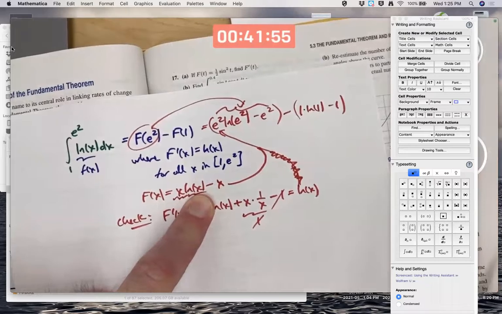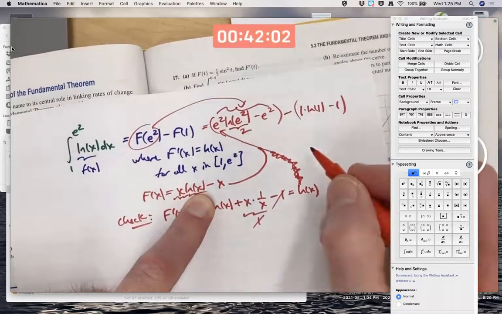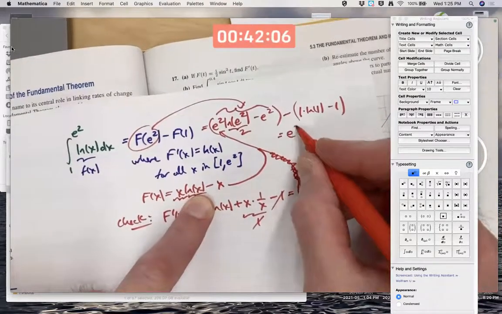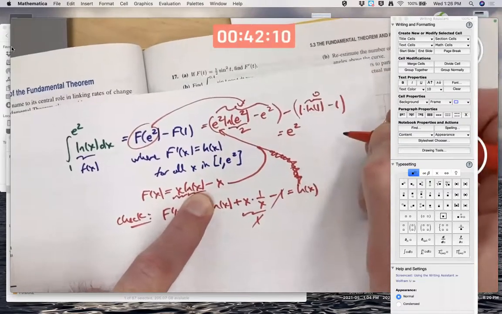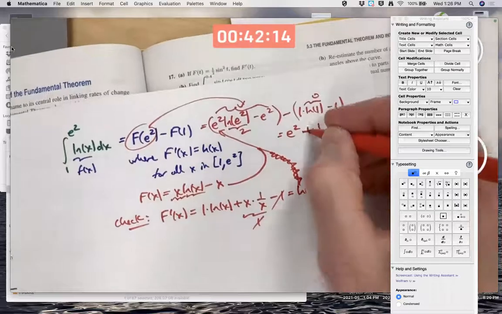Careful about minus signs. Natural log of e squared equals 2. 2e squared minus e squared is e squared. Natural log of 1 is 0. Two minuses make a plus. The answer is e squared plus 1.